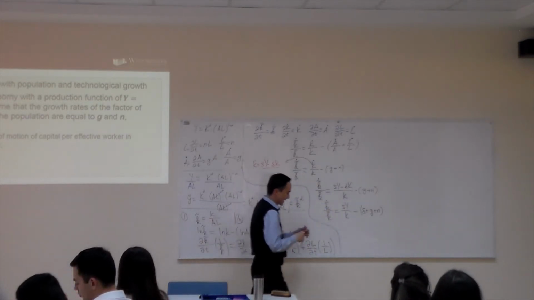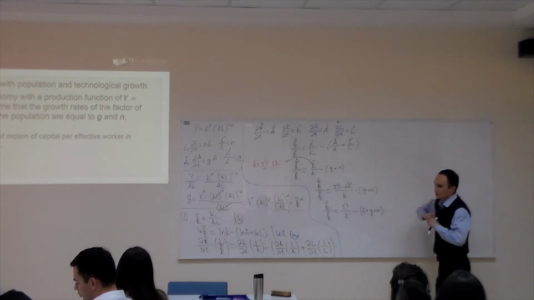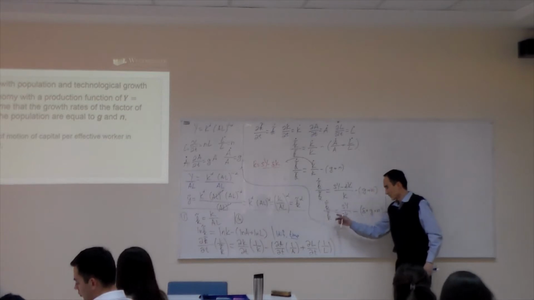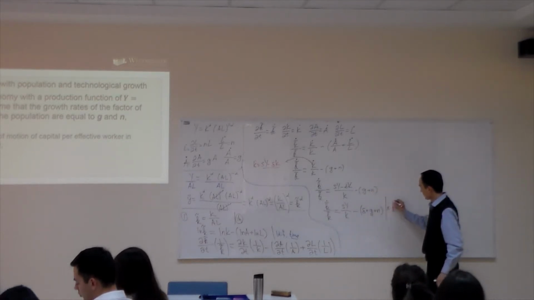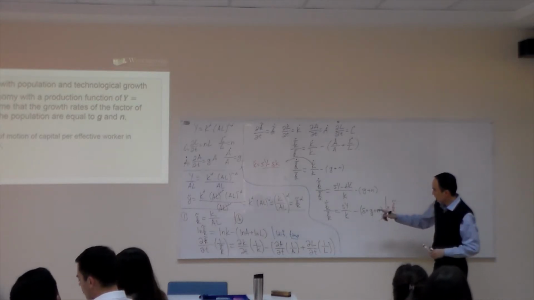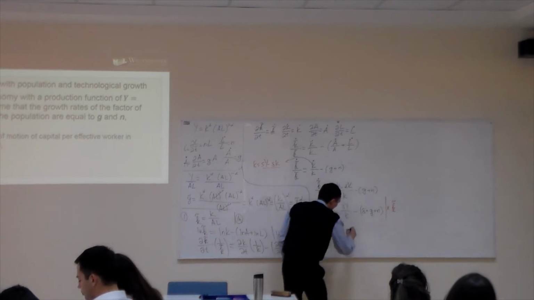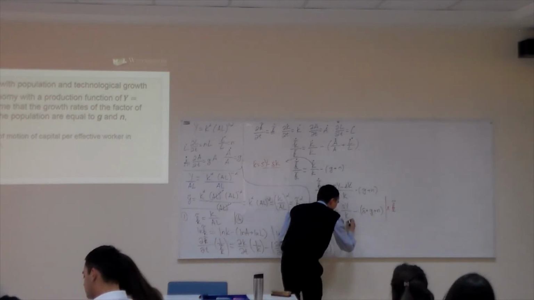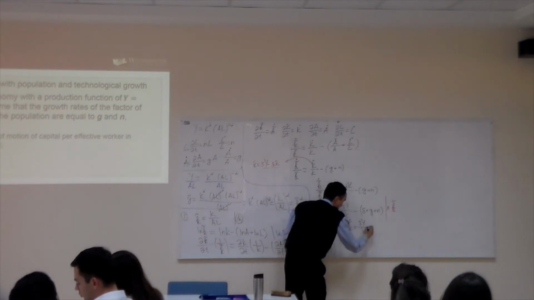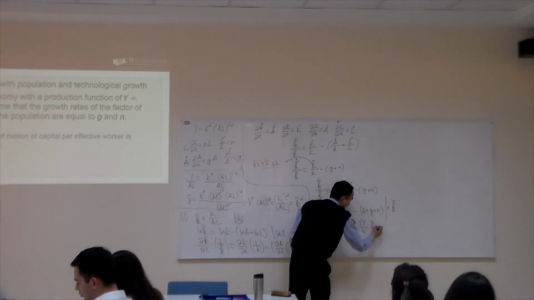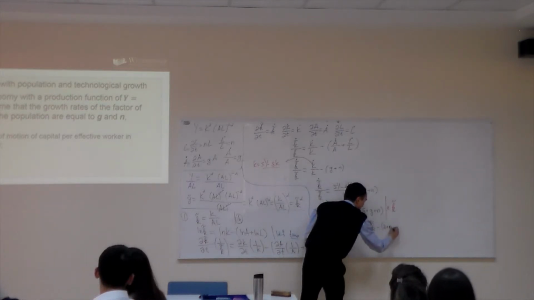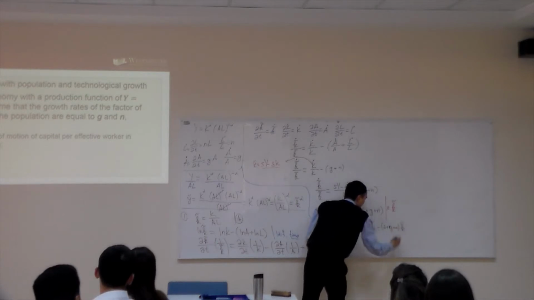So once we reach this step, what did we do? We multiplied both sides of this equation by the denominator on the left side, which is capital per effective labor. If we multiply both sides by capital per effective labor, then we are going to get change in capital per effective labor is equal to investment over capital times capital per effective labor minus delta plus G plus N times capital per effective labor.